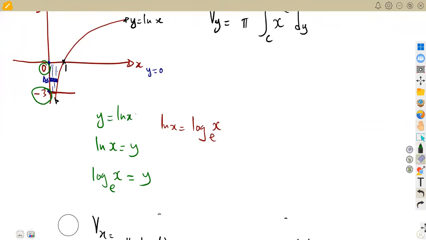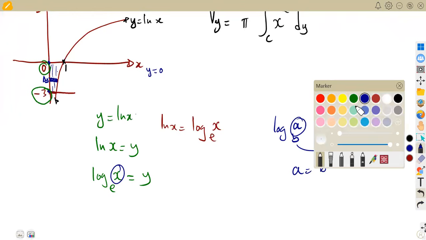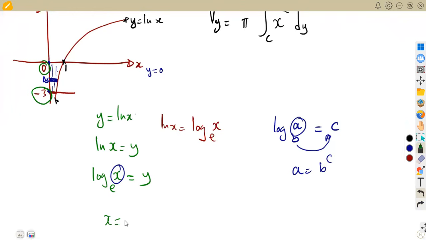Remember, from our logarithms, we can convert from a logarithm to an exponential. The logarithm of a in base b being equal to c means a is equal to b to the exponent of c. So this x, representing a, must be equal to the base b to the exponent. So our base is e, to the exponent of y in this case.